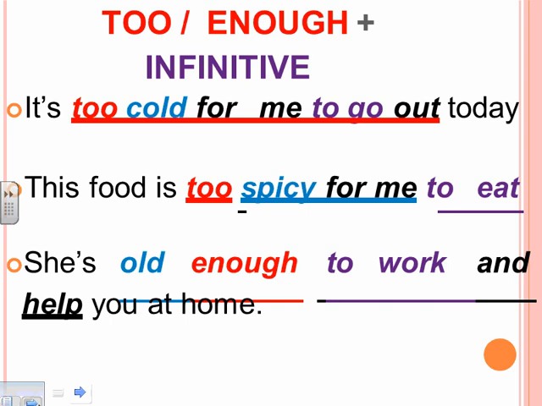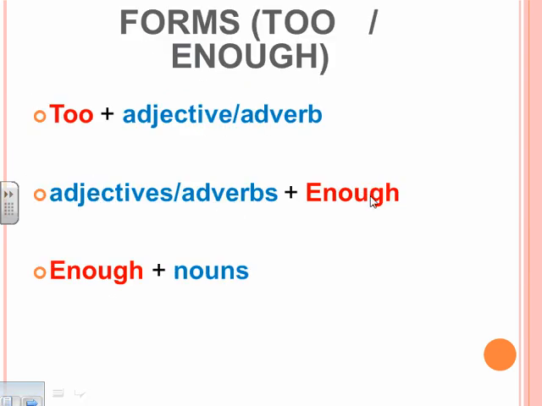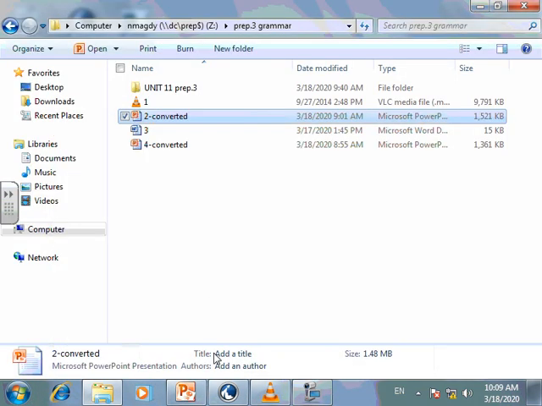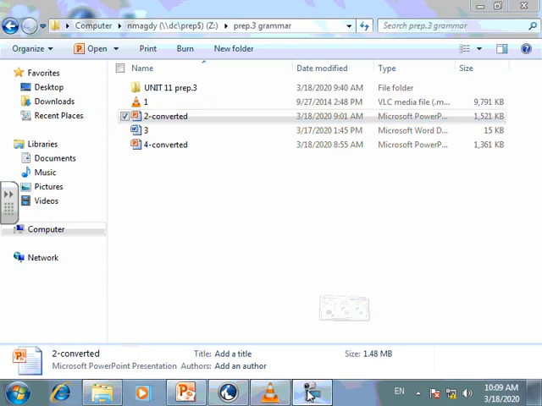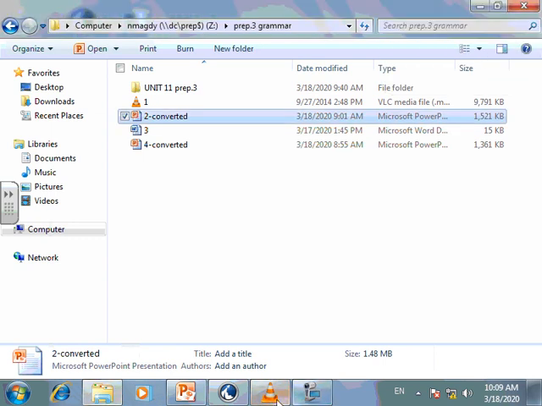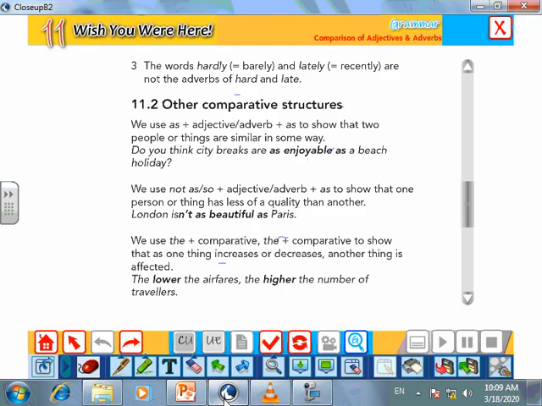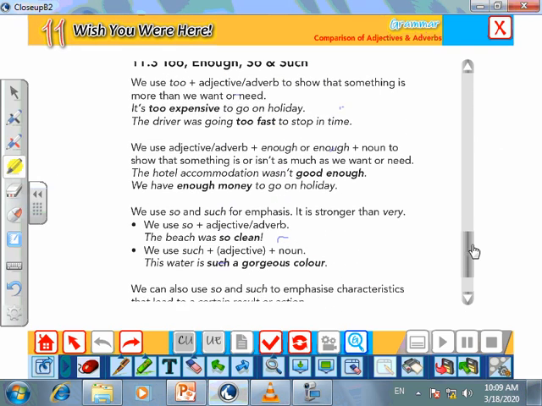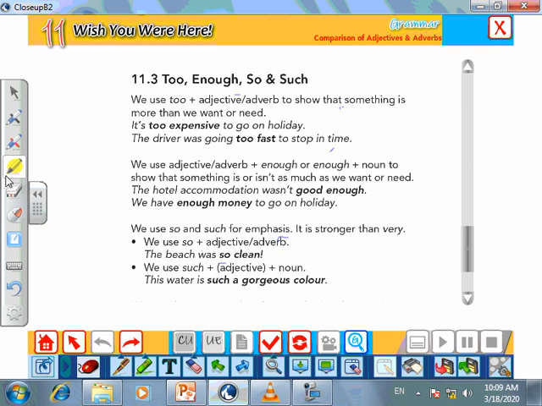So as you can see here the rules, too plus adjective or adverb plus enough, or enough plus the nouns. Alright? So now I want you to go and highlight with me in the grammar reference that we have here. Okay, we are going to use our highlighter, and they are very, very important.